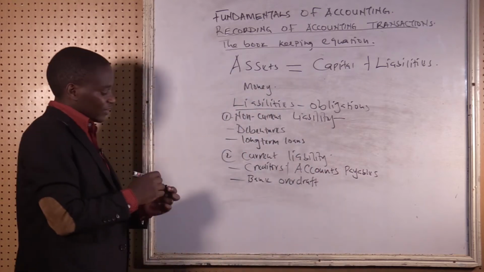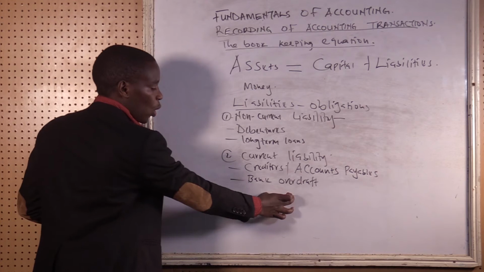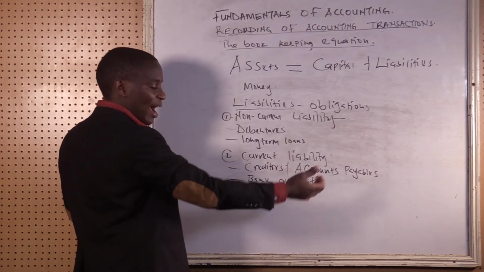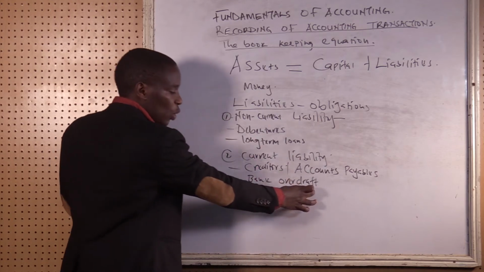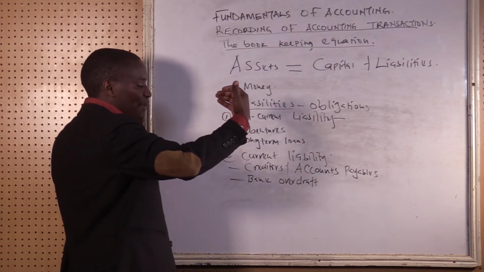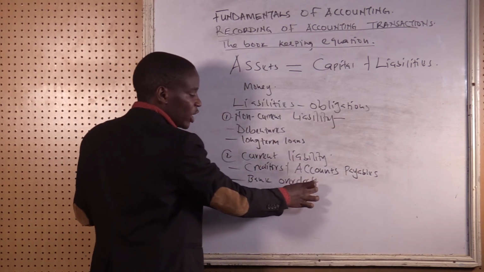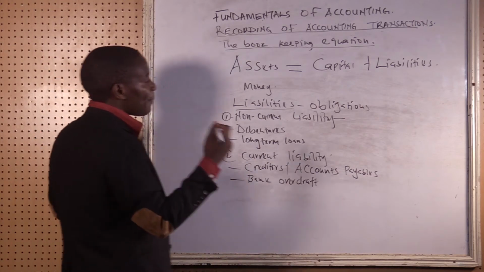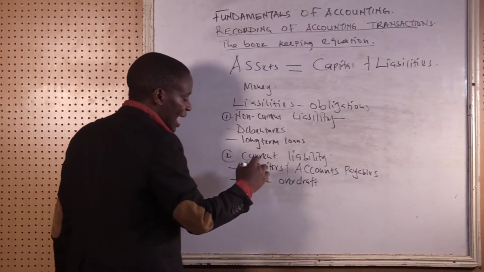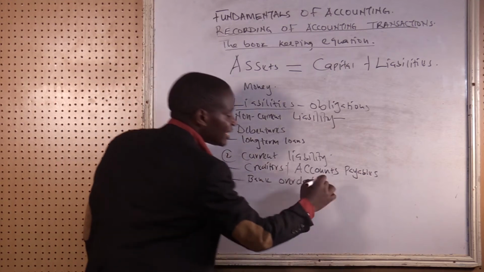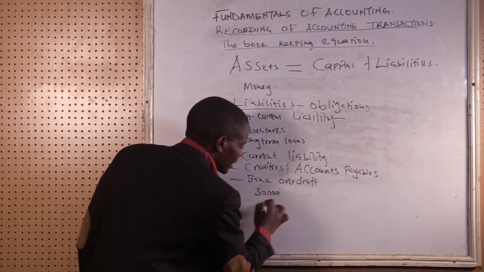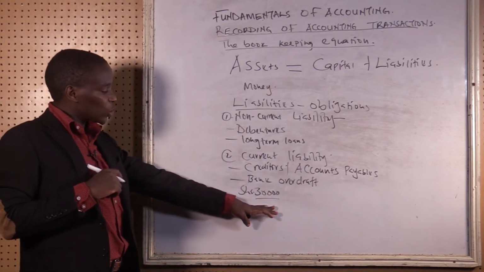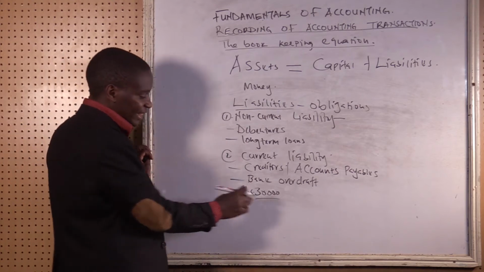A bank overdraft is when an individual borrows from a financial entity like a bank, or withdraws more money than what he or she has in his or her account. For example, a person whose current account has 30,000 shillings is in need of 50,000 shillings.